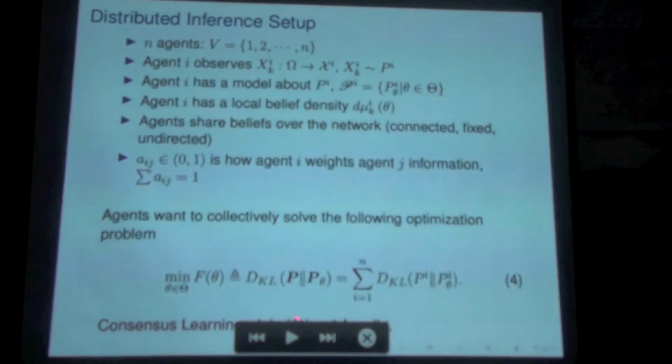And this is not seen here, but before we had learning, which is concentration of measure around a single theta. Now I'm going to have consensus learning if this concentration happens for all agents. If all agents concentrate their beliefs around a single theta, that is going to be consensus learning. Right.